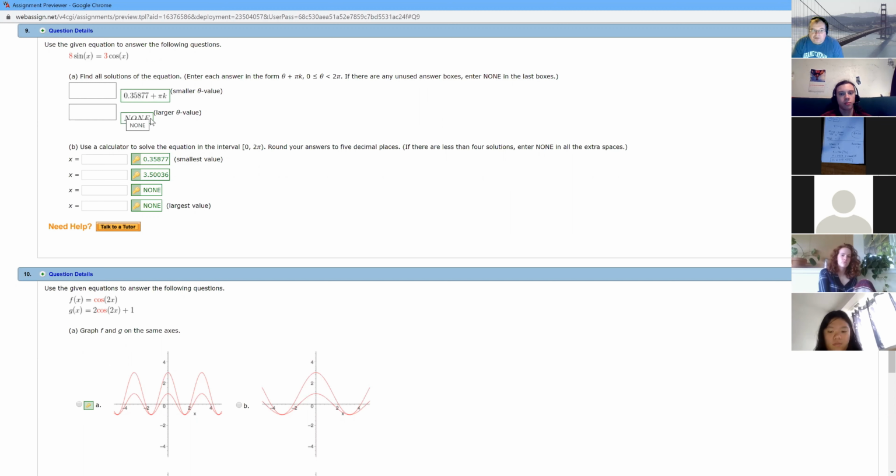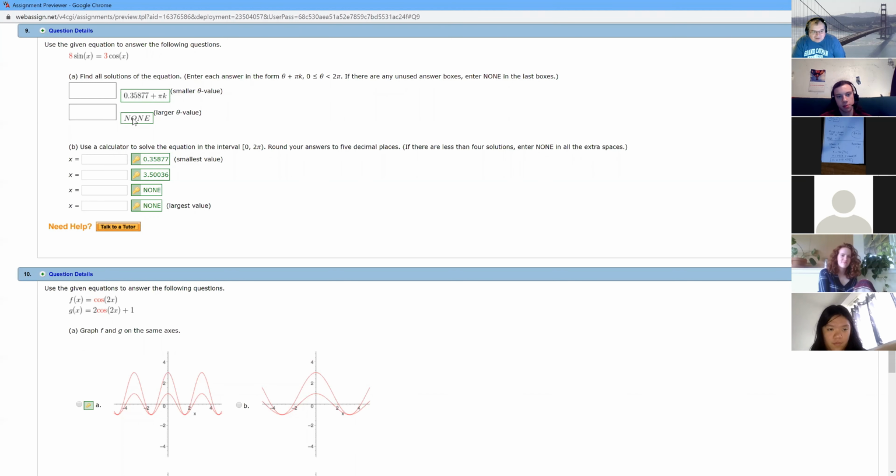And the tangent's a little bit different. If you add pi to this, you get the 3.5 guy. But doesn't this answer already have the 3.5 guy in it? I've now answered my question. Right. Imagine you just asked that question: why is that none? If you add pi to this number, the answer you get is 3.5.